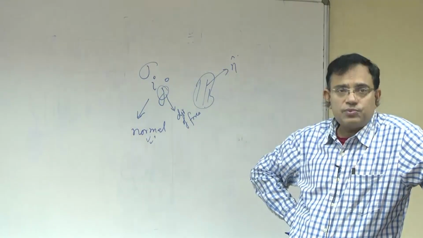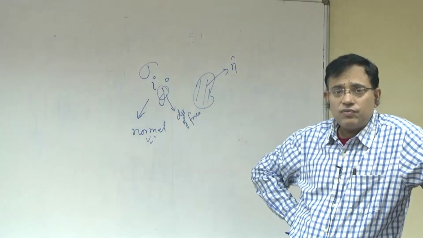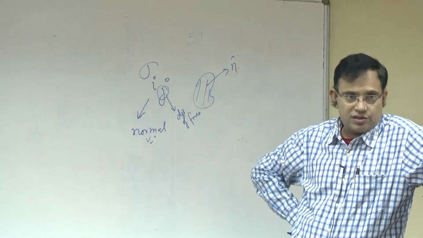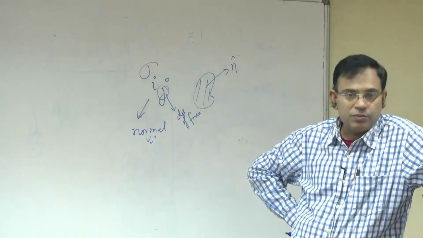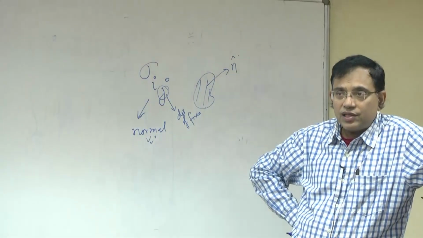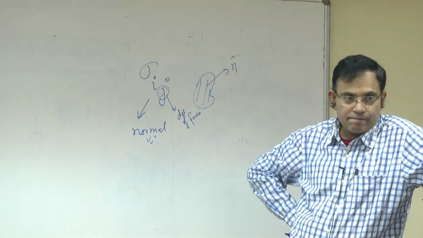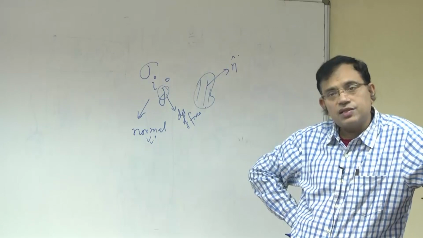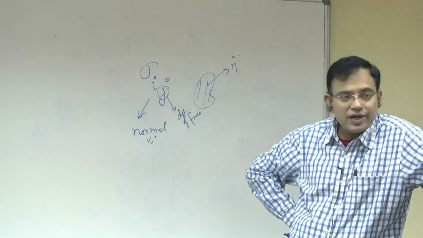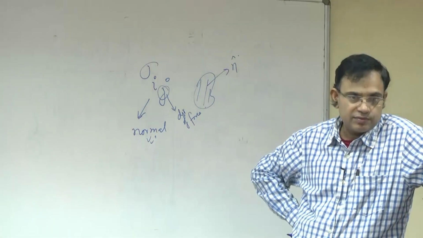Now, there are two types. One is that if the fluid was at rest, then also there would be some stress, and that stress is due to the pressure of the fluid. That is called the hydrostatic stress. If the fluid is at rest, then the only stress is normal stress. A fluid at rest cannot have shear stress.